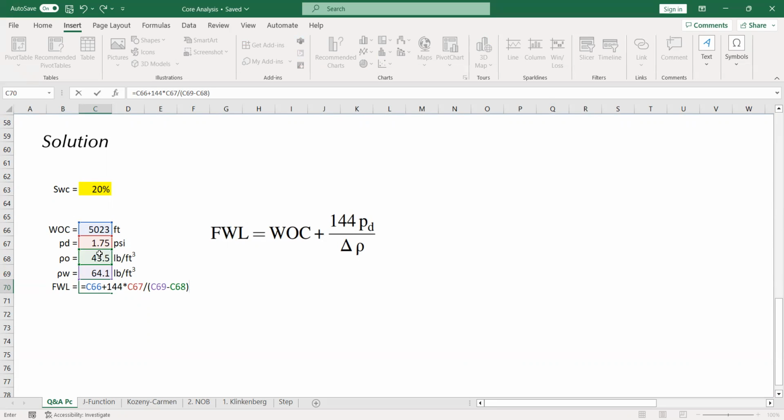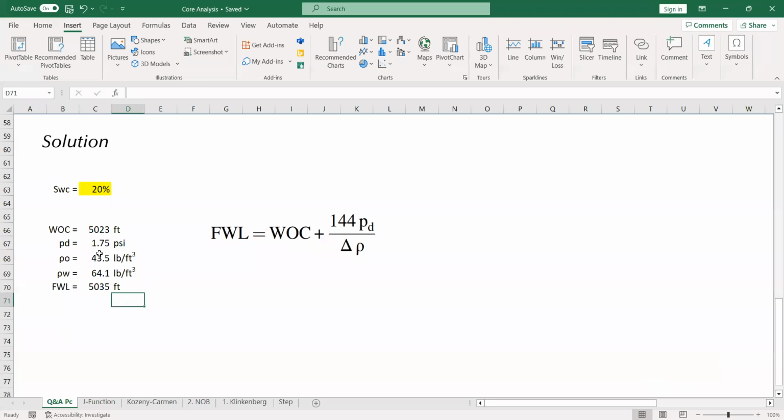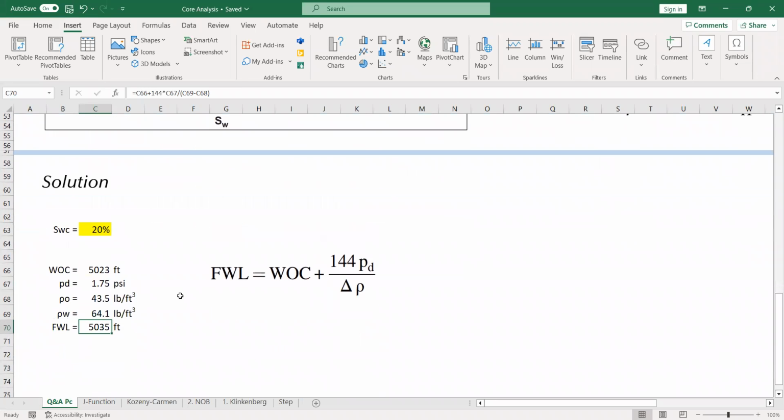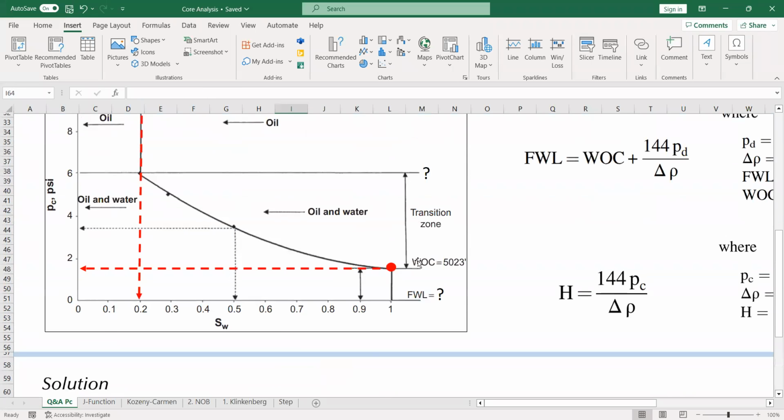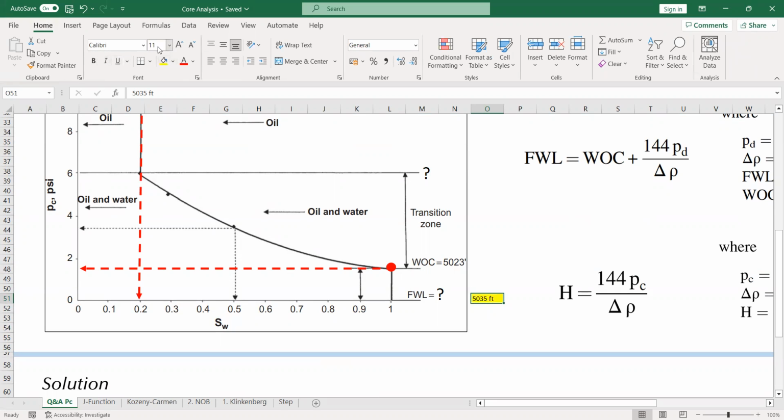Then close the parenthesis. There you go. So our free water level depth is at 5,035 feet. Very good.